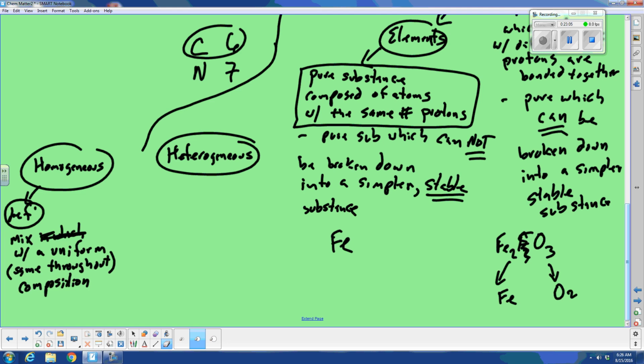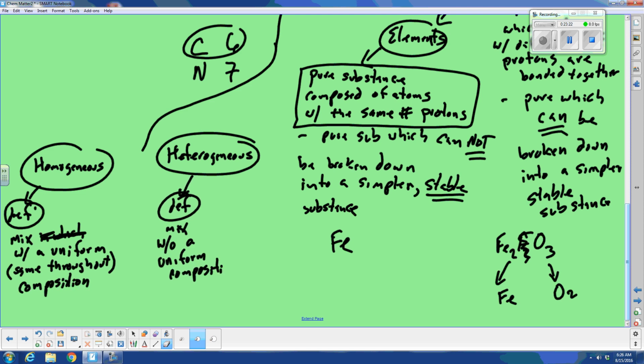Whereas a heterogeneous is a mixture without, W-O, without a uniform composition.